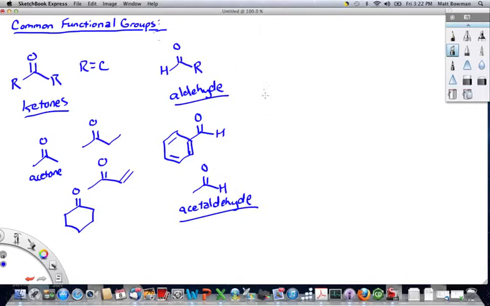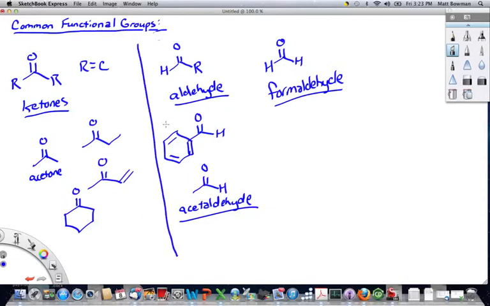Another molecule that's actually an aldehyde, but it has two hydrogens attached to the carbonyl. This is formaldehyde. And for a lot of you going on to med school, you'll have to get used to the smell of this because it's used as a preservative. So yeah, formaldehyde, aldehyde. So we have aldehydes and ketones.